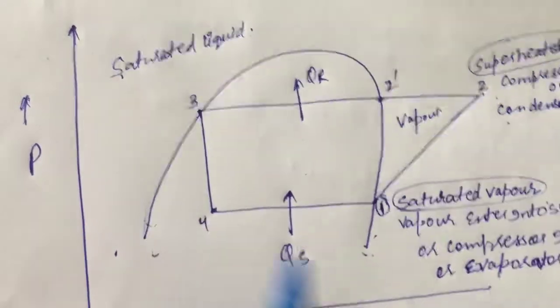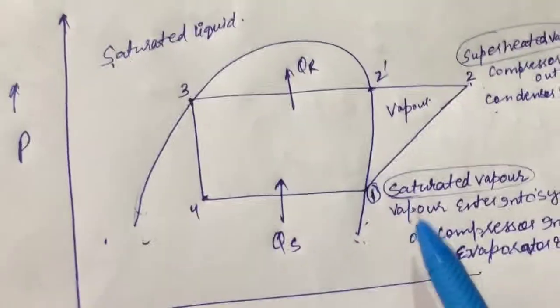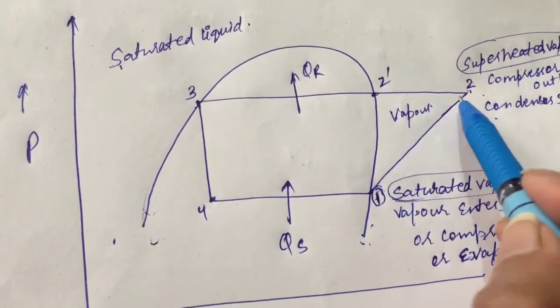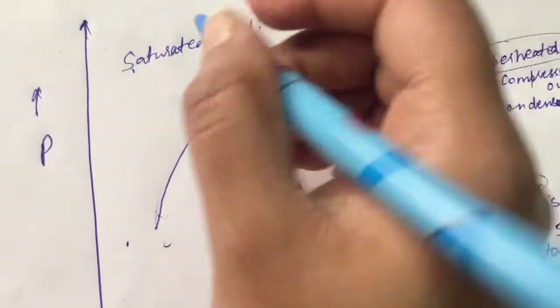So our compressor outlet was this, the condenser inlet was this point. We are moving through points 1, 2, 3, 4 in this manner. Here the compressor inlet is here, the compressor outlet is here, the condenser inlet is here, so the condenser outlet would be point 3.